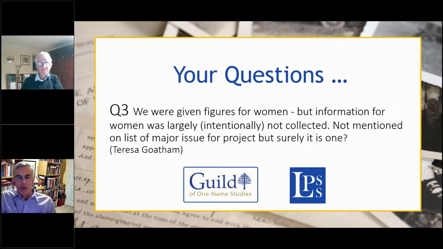Okay, then question 3. We were given figures for women, but information for women was largely intentionally not collected, not mentioned on list of major issues for project, but surely it is one. So yeah, absolutely. This is a very good question again, because there's a lot of misunderstandings here. The issue actually is not that it wasn't collected, it's that it wasn't reported in the publications.